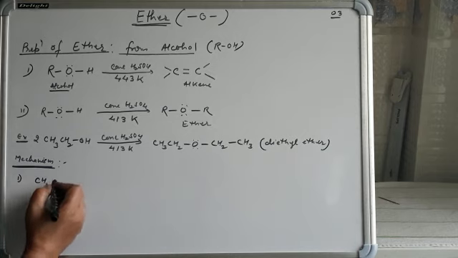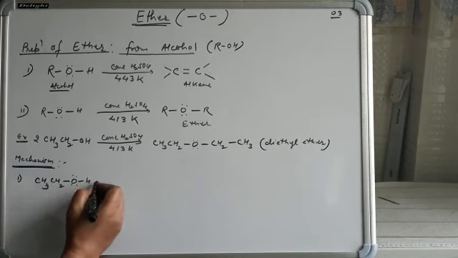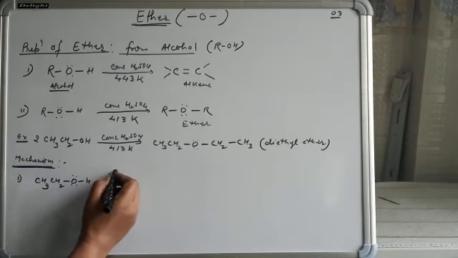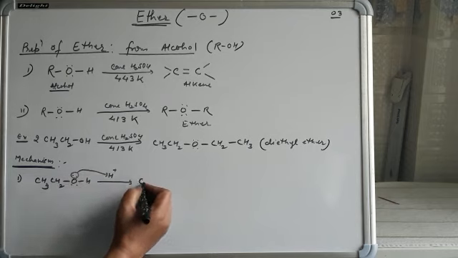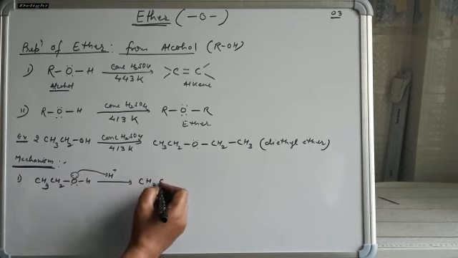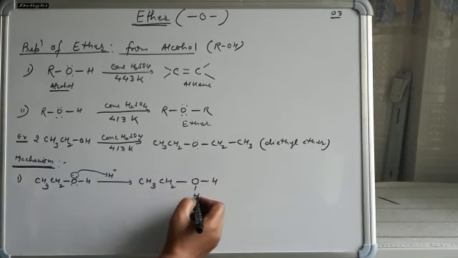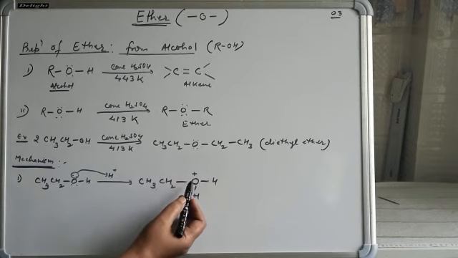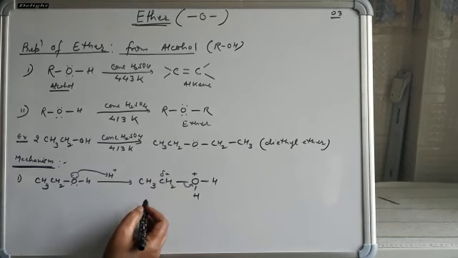Ethanol, the lone pair present on oxygen takes the proton and gets converted into protonated ethanol. Here the positive charge appears on the oxygen, so it pulls electrons and water gets removed. In that condition, this carbon acquires positive charge.